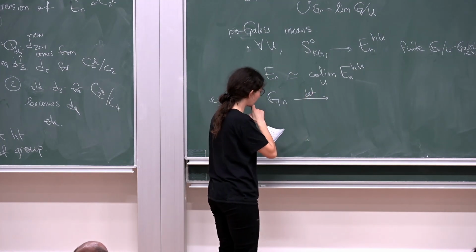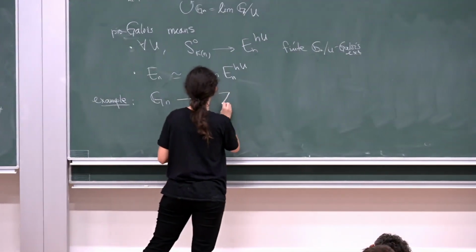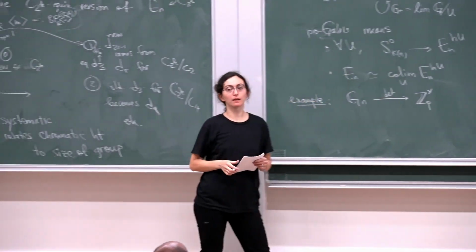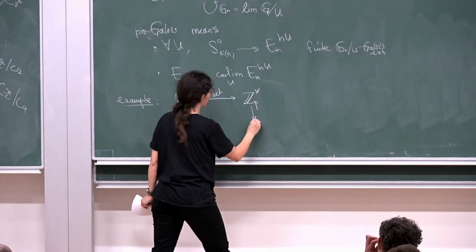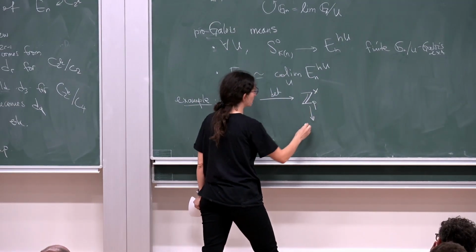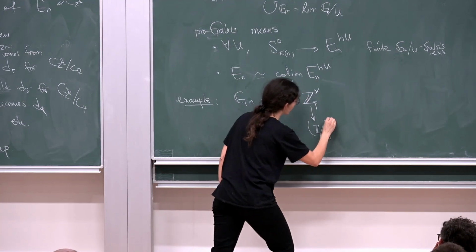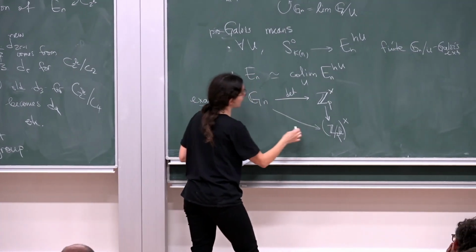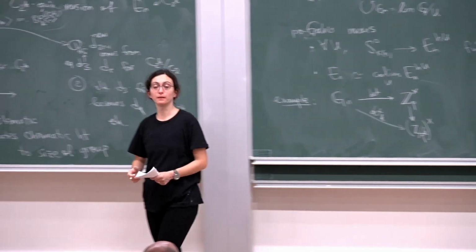There are all kinds of descriptions of what this determinant means, and it lands in the p-adic units. This is not a finite quotient, but we can quotient it to be finite, and then we get some kind of k-truncated determinant map.